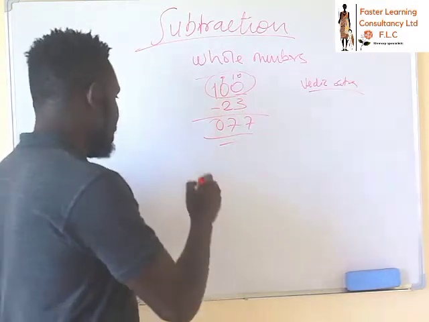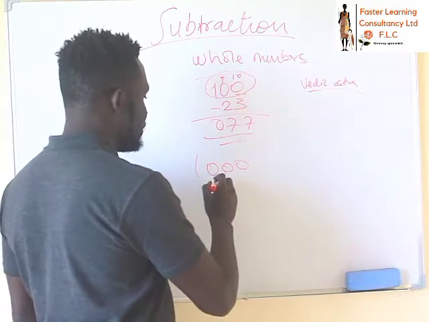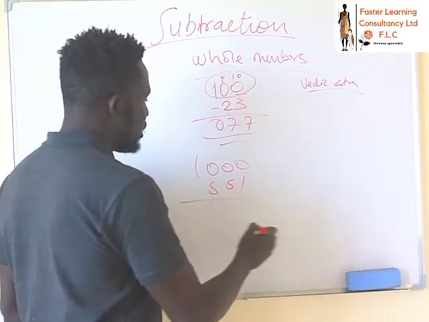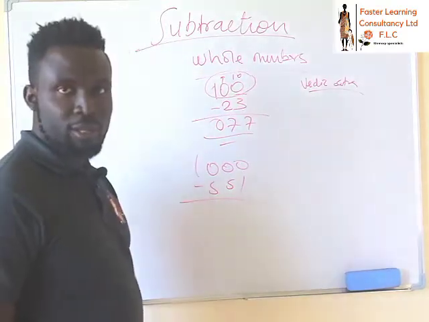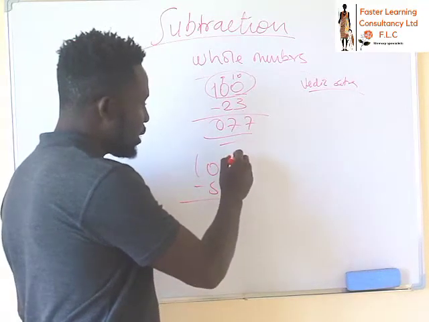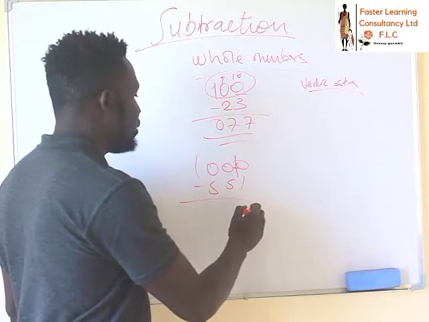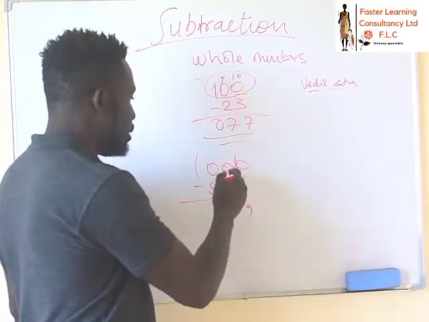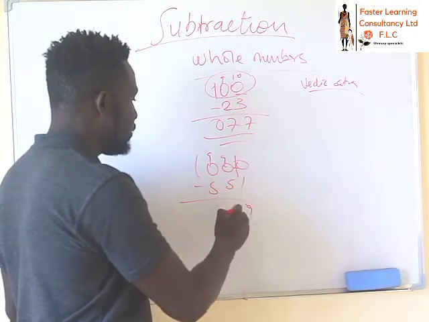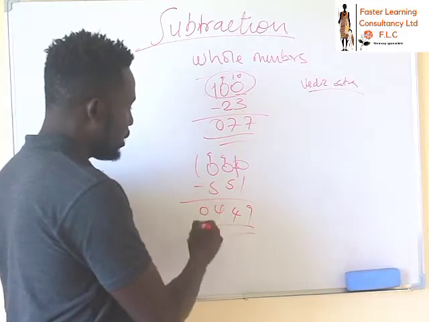So let's look at another number. Let's say 1000, and we want to subtract 551. Automatically I will not even think about anything. The unit digit I subtract from 10, so 1 from 10 is 9. The rest is 9, 9, and then the last one minus 1. So here I know is 4, here 4, and here 0, because 1 minus 1.